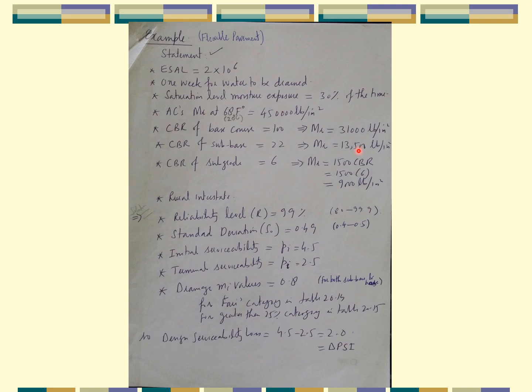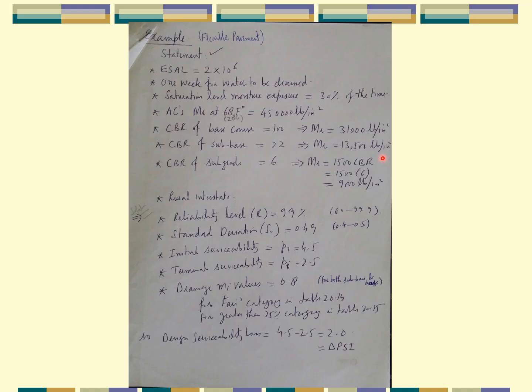By using the charts, we can determine the modulus of resilience corresponding to the CBR value of 100. The modulus of resilience is 31,000 pounds per square inch. For a CBR value of 22, the modulus of resilience is 13,500 pounds per square inch.